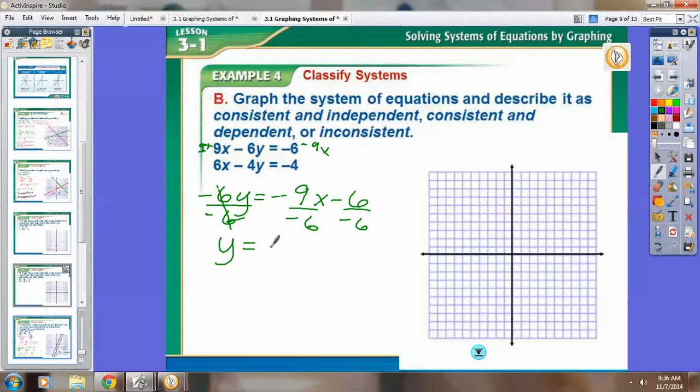Negative 9 divided by negative 6 is going to be a positive 3/2 x. Negative 6 divided by negative 6 is a positive 1. I have a y-intercept of 1, and I have a slope of 3/2. So rise 3 and run 2.